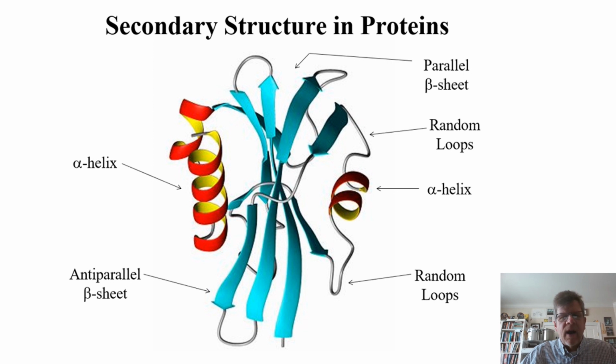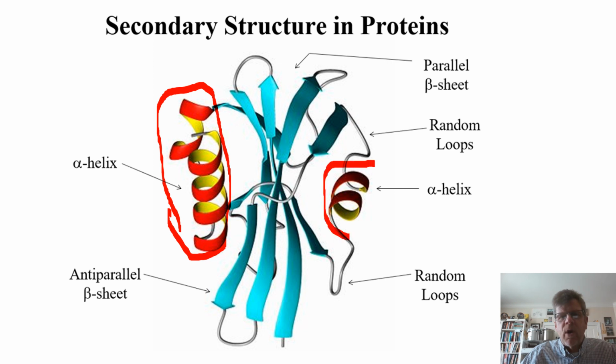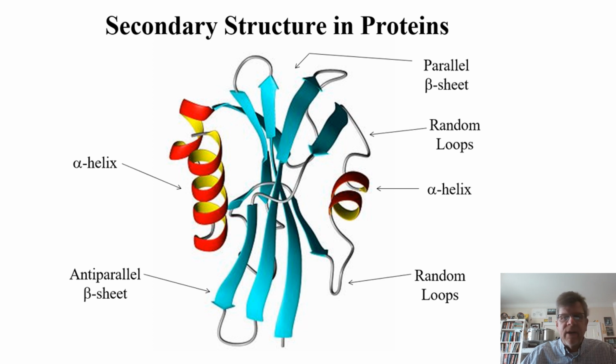And indeed, within here, we see areas of alpha helices. There can be long ones, there can be very small ones, but they would be examples of an alpha helix or alpha helices.